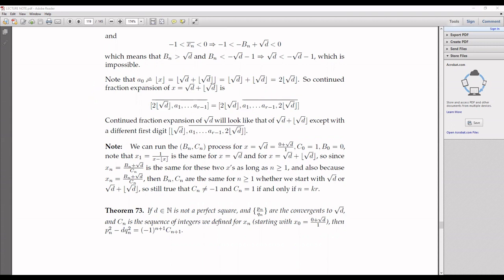So a naught is floor of x, but what is the floor of this number? You can see that this part is an integer, so the outer floor function does not affect it. It only affects the part here. So when distributed, writing a double floor here would not mean anything. So that is why they did not write that. So we have one floor of root d here, another floor of root d here. Adding, we get twice the floor of root d.